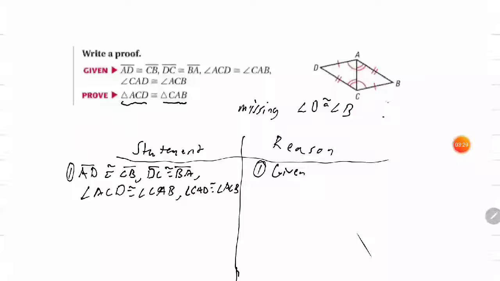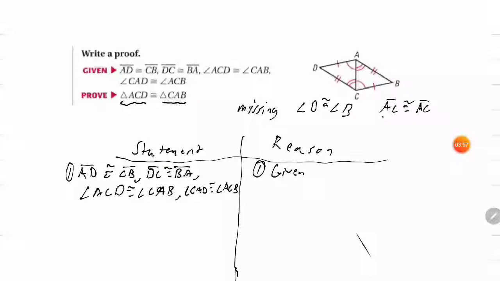We have to show that AC of the one triangle is congruent to AC of the other triangle. And then, is that it? Yep. So once we have these two pieces, we can prove it. And we already have all the things we need to show it.